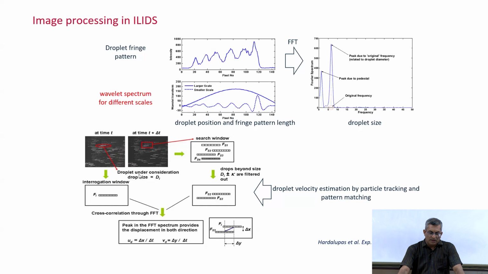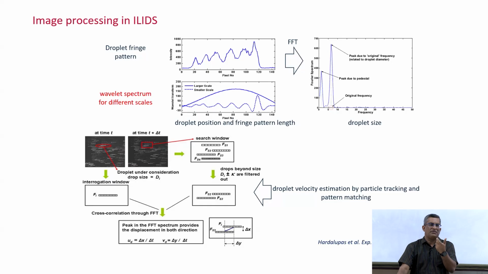However, the validation ratio in this technique is typically low. Validation ratio means how many particles you actually identify in your image processing compared to how many particles are actually present. We don't identify all particles and find their size even if they are present, because of various image processing criteria.